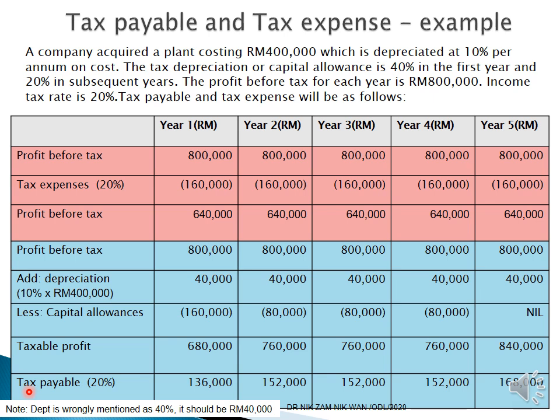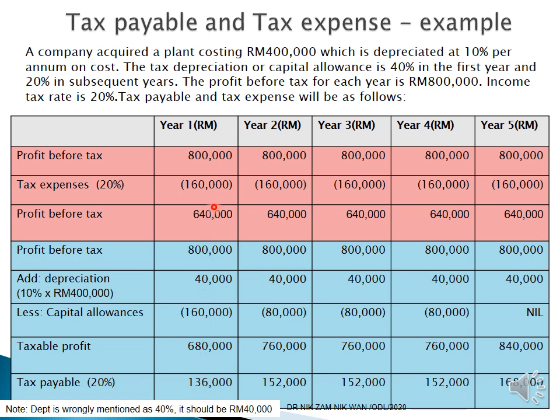680,000. Calculation of tax payable, which is 20% based on taxable profit of 680,000, giving you a tax payable of 136,000.